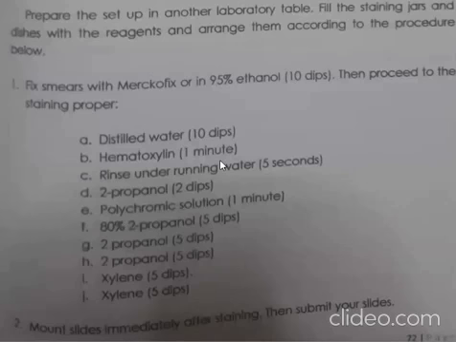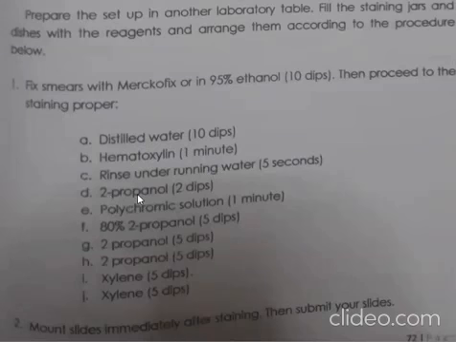Di ba? So, konti na lang po yung steps dito. So, nandyan pa rin po si fixation sa cytocolor method. Nandyan pa rin yung fixation with 95% ethanol. Nandyan pa rin yung rinsing with distilled water. Of course, nandyan pa rin po si hematoxylin, which is our nuclear stain. And then rinsing again. And then this time, we use 2-propanol for dehydration.